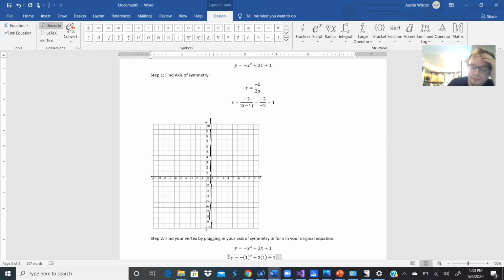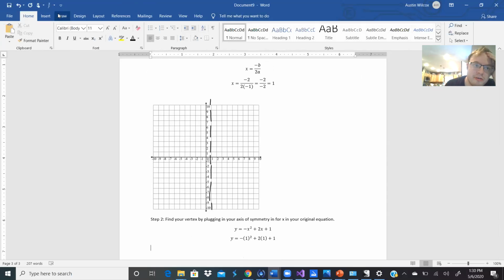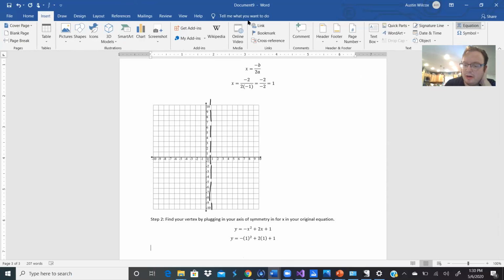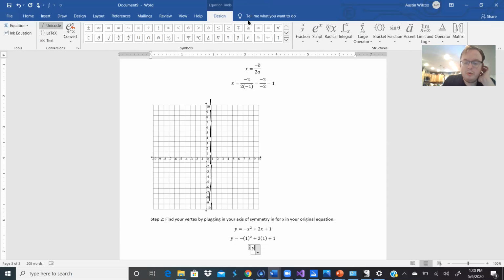plus 1. Okay? And so if I continue this, I say, okay, 1 squared is 1, so negative 1 is going to be out in front, plus 2 times 1, that's 2, plus 1, that's going to give me a value.